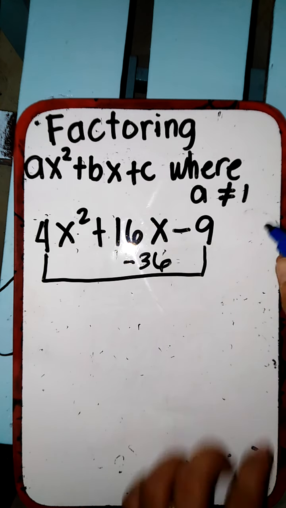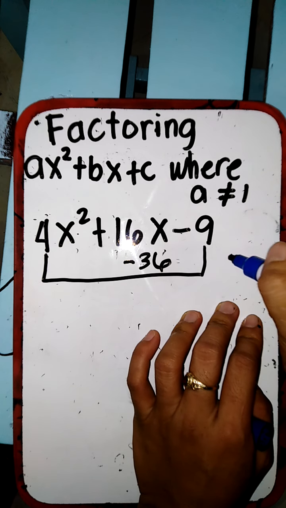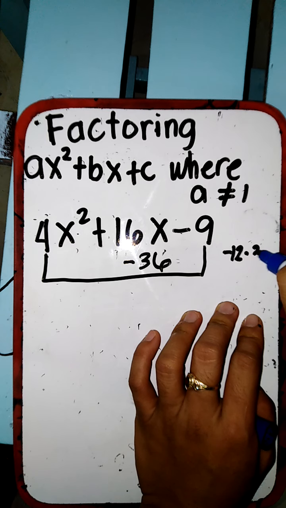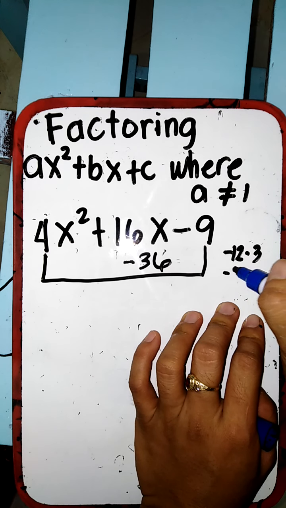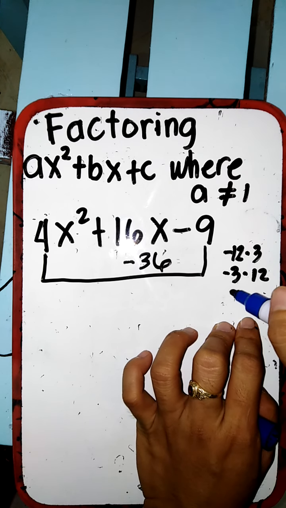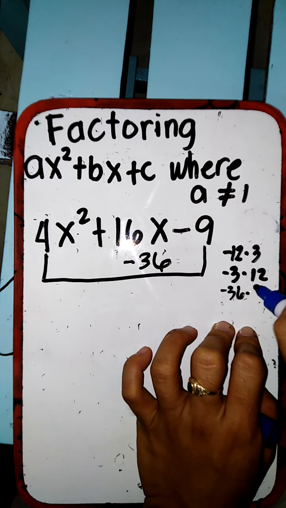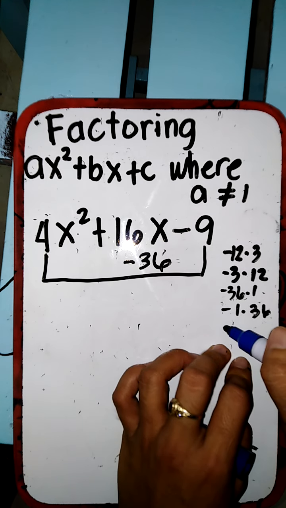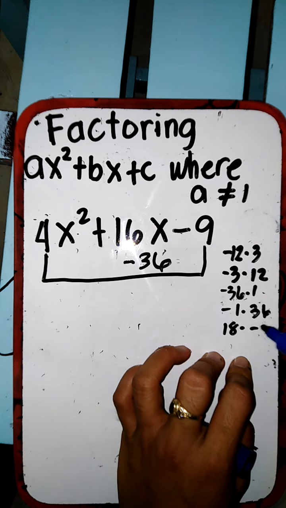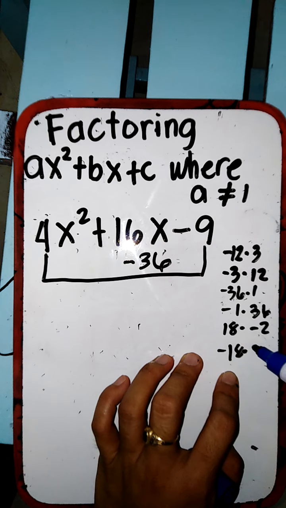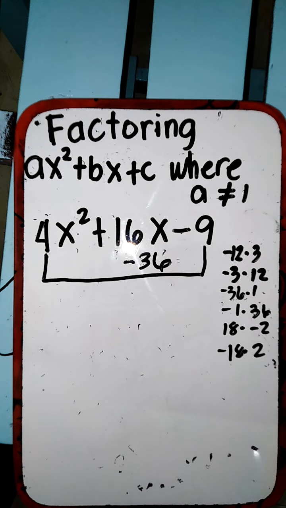We have negative 12 times 3, negative 3 times 12, then we have negative 36 times 1, negative 1 times 36, 18 times negative 2, and negative 18 times 2. So these are the factors of negative 36.